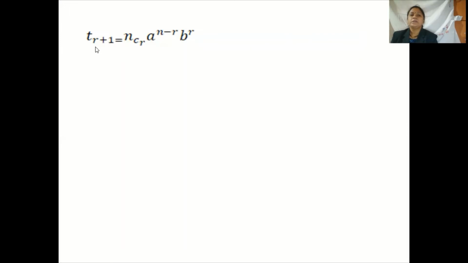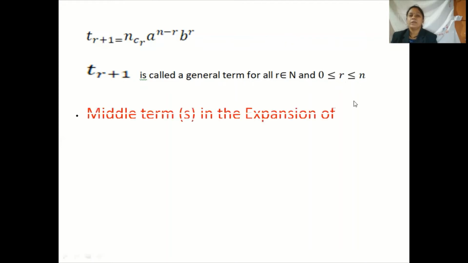That means tr plus 1 is equal to nCr a raised to n minus r b raised to r. Here tr plus 1 is called the general term for all r belongs to natural number and 0 less than equal to r less than equal to n.